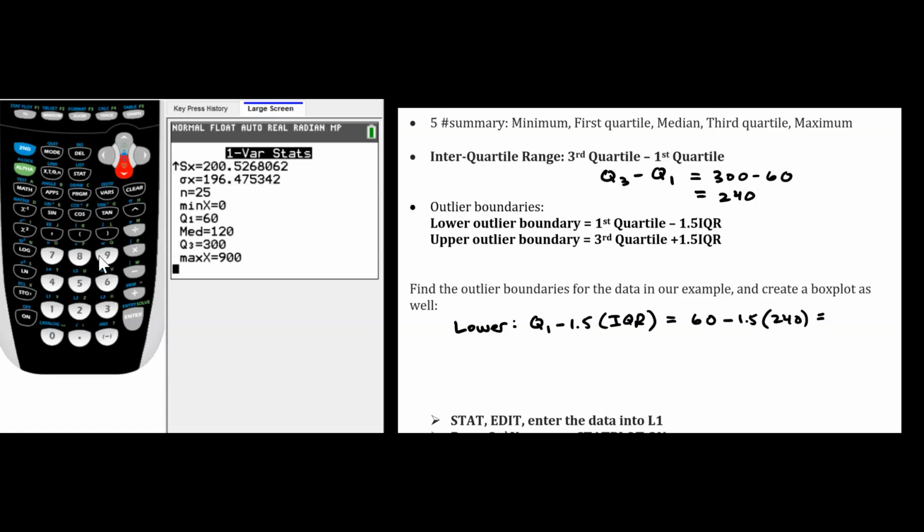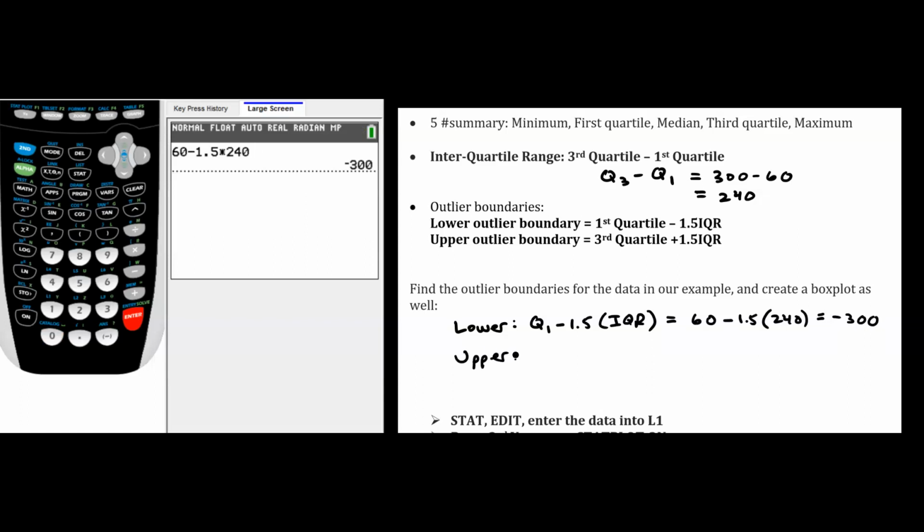And let's plug this into the calculator. So 60 minus 1.5 times 240, and that gives me negative 300. The upper boundary would be Q3 plus 1.5 times the IQR, and Q3 was 300.